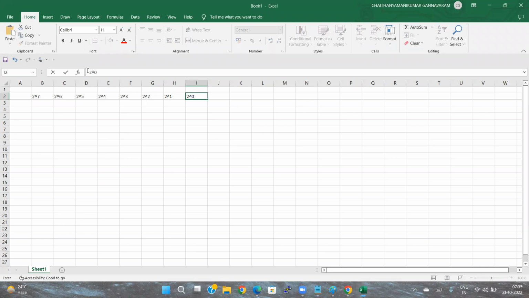Now if you convert these values, anything power 0 is 1, 2 power 1 is 2, 2 square is 4, 2 cube is 8, 2 power 4 is 16, 2 power 5 is 32, 2 power 6 is 64, and 2 power 7 is 128.